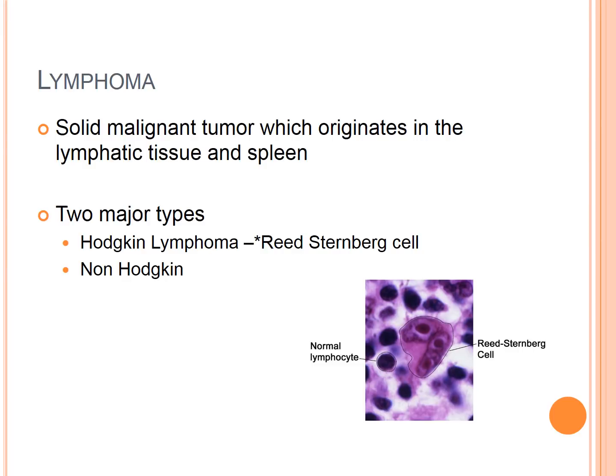And then a Reed-Sternberg cell is this very large, abnormally shaped cell. All right, so this is found in the lymph tissue, and that would be with Hodgkin's lymphoma. And then we have non-Hodgkin's lymphoma, so we'll talk about the two.